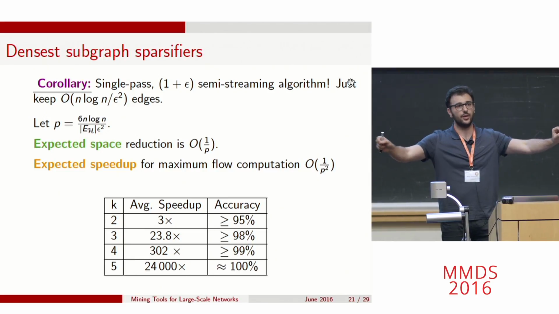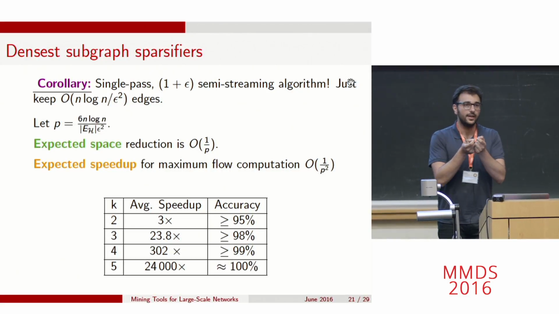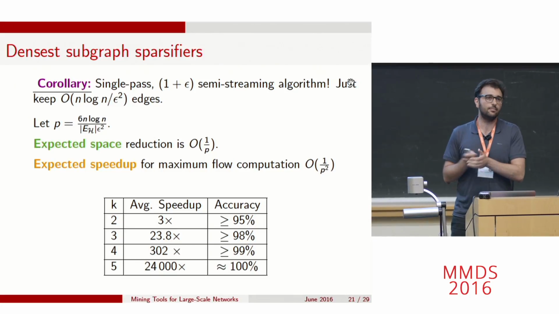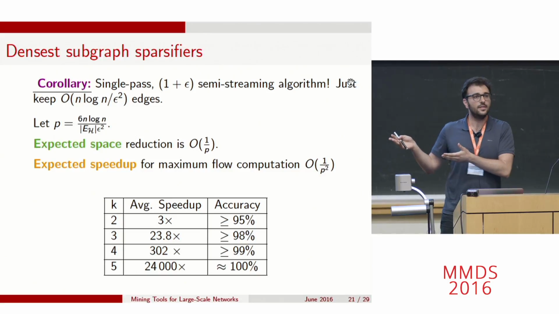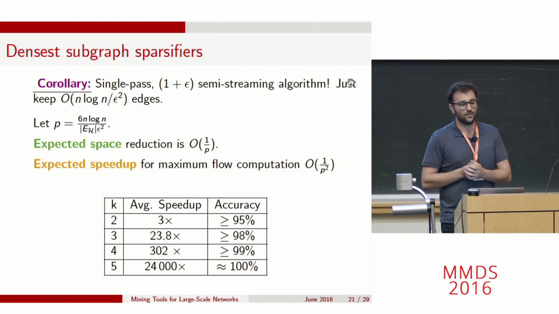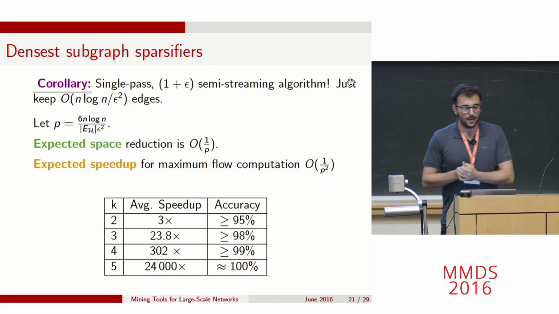Suppose it's an insert-only stream. The only thing you need to make sure is that at the end of the stream, you have kept n log n over epsilon squared edges uniformly at random. That you can do. You take your sketch, you solve the densest subgraph problem on this sample, and then you get a 1 plus epsilon approximation. That's the idea of the algorithm for the streaming densest subgraph problem.